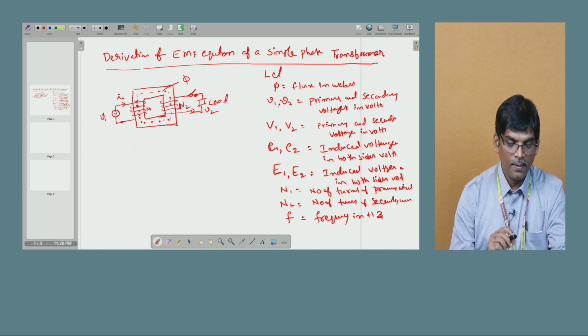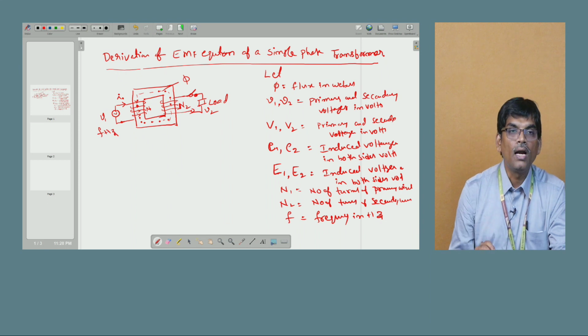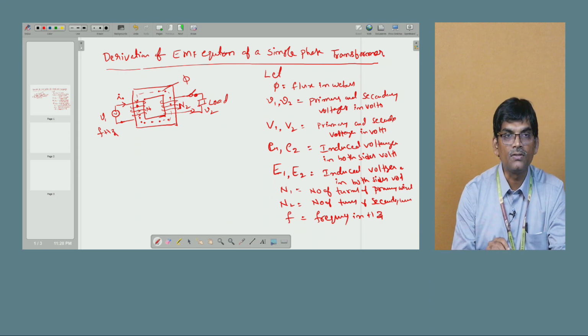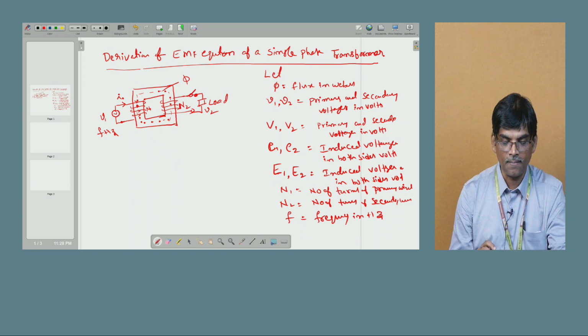Here we give a sinusoidal voltage with some frequency in hertz, and it automatically passes a sinusoidal, alternating current. Alternating current sets up an alternating flux, which is linked with both coils. So every parameter has the same frequency.